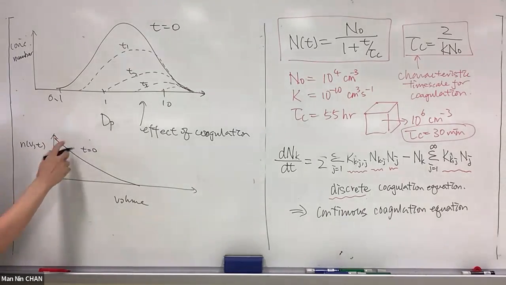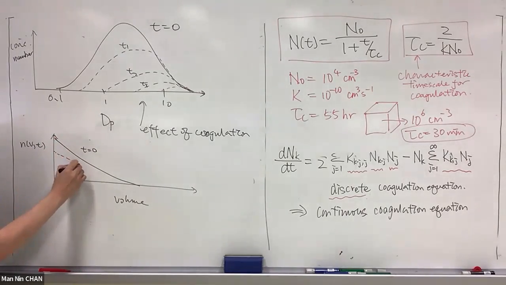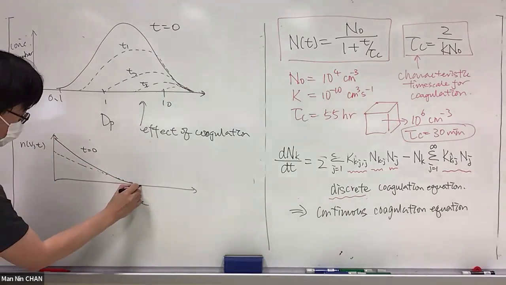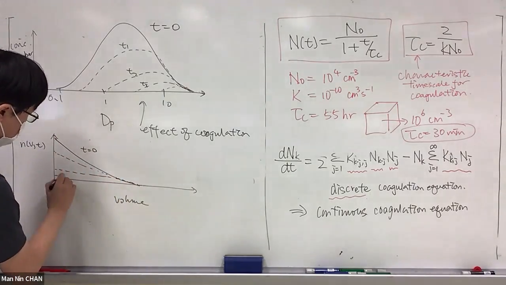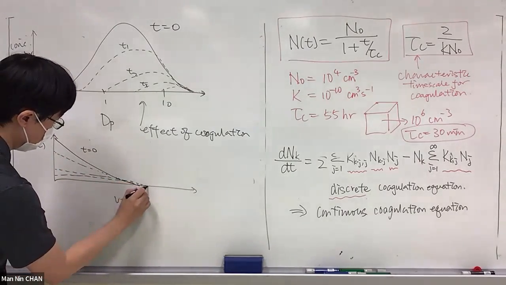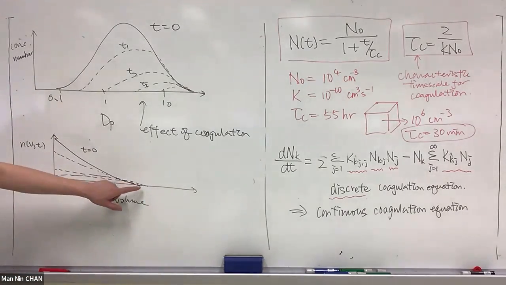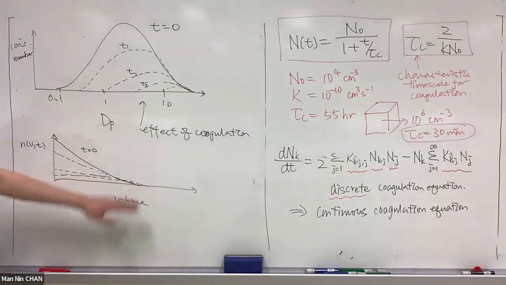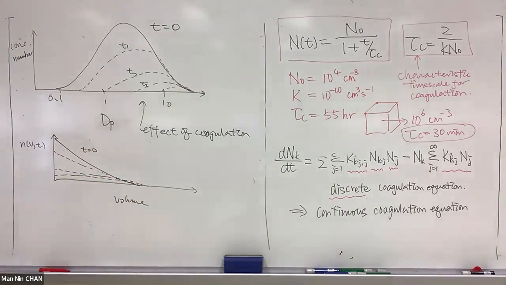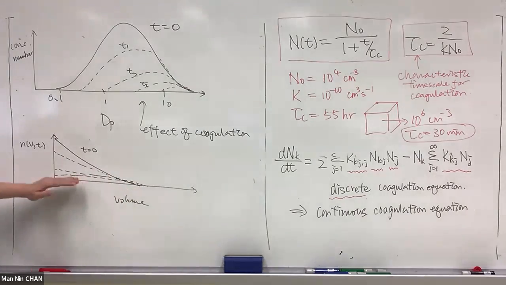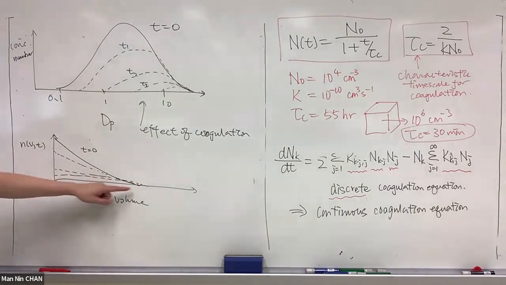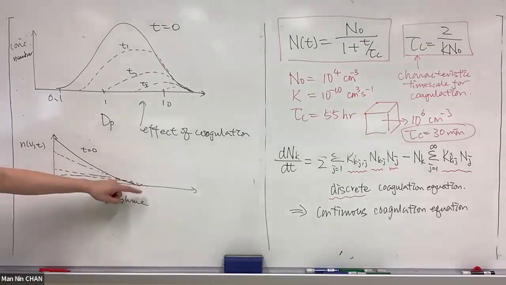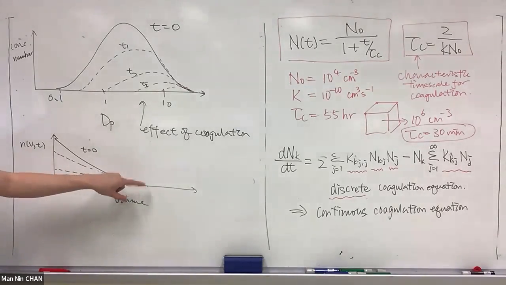When you go through time, you will see that your number concentration will decrease, and you will eventually form some larger particles. But you need to be careful here. This is just another way to plot. If you look at the volume, of course, you will see the increase in the particle volume, because you will form some larger particles here.